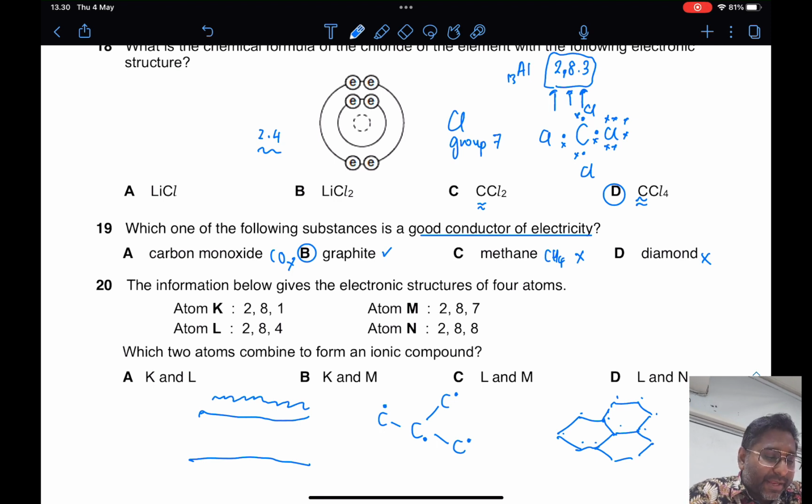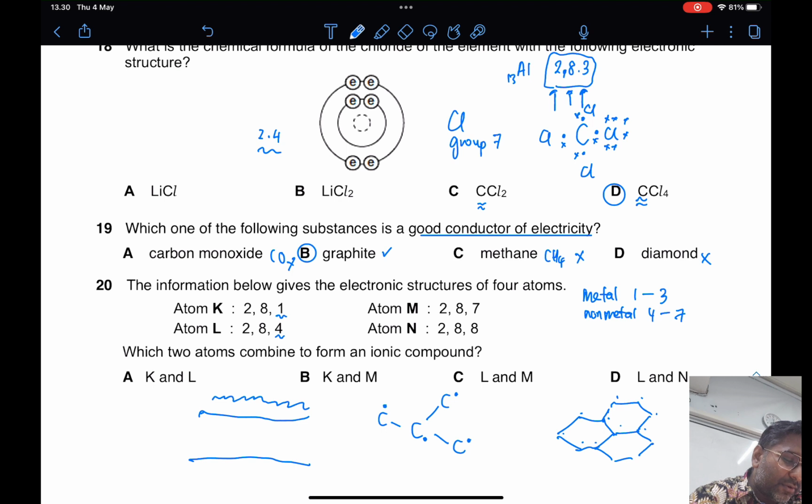Now the information below gives the electronic structure of 4 atoms. Which of the following can combine to form an ionic compound? An ionic compound is going to be formed between a metal and a non-metal. Metals are from group 1 to group 3. Non-metals are group 4 all the way to group 7. How do we know the group?